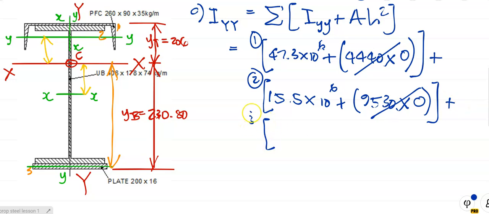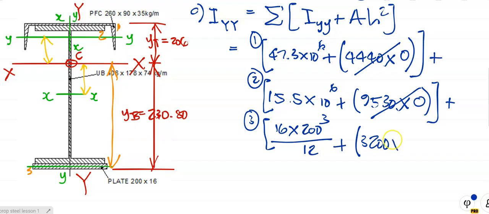Okay, I'm doing my last one. What's IYY for the plate? We treat it as a rectangle. So what's the formula for the second moment of area of a rectangle? It is b d cubed over 12. What's b? What's d? b is parallel to the axis we're taking the second moment of area about. So b is 16 and d is 200. So it's 16 times 200 cubed over 12, plus the area, which is 3200, times h.